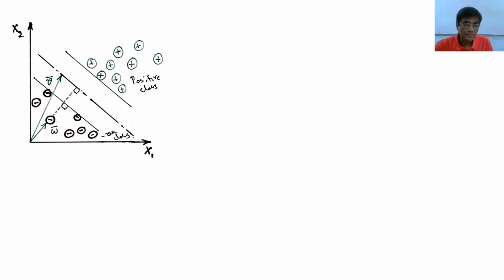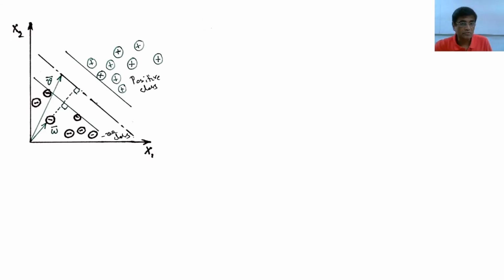Suppose this is my gutter, and W is a vector which is perpendicular to the gutter. Since the gutter and the decision boundary are parallel, because the decision boundary is halfway between the entire width of the gutter, W is also perpendicular to the decision boundary.